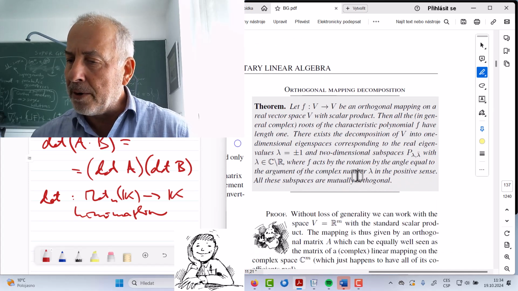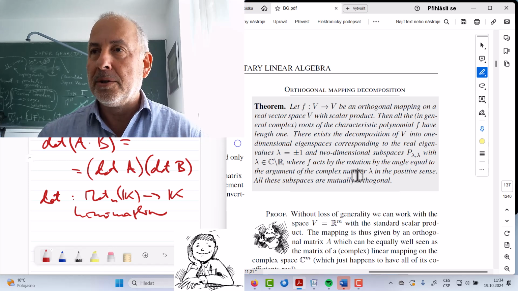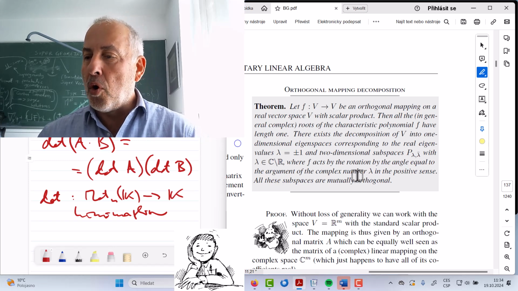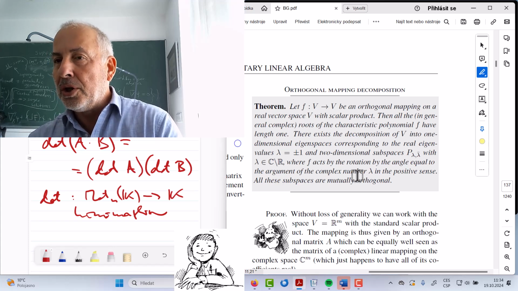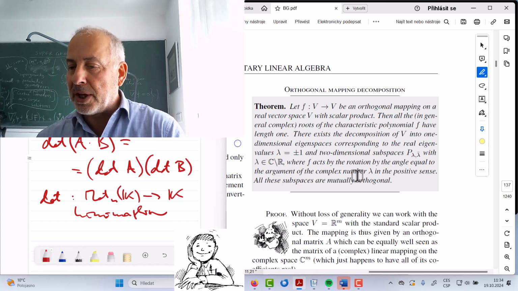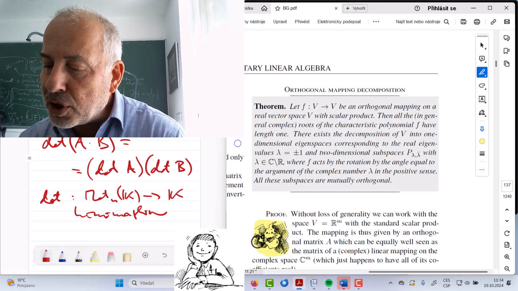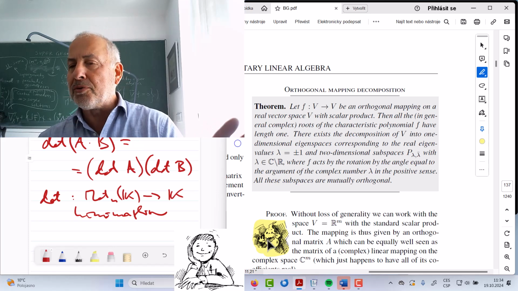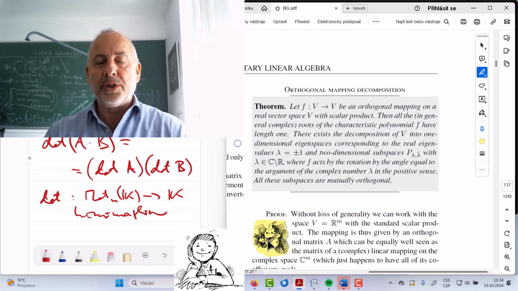Therefore for orthogonal mappings, we can always find a decomposition into orthogonal subspaces. This is a bit more complicated here, but just have a look. We shall come back to that in two or three weeks anyhow, in more general situations, so we don't have to go through the detail.